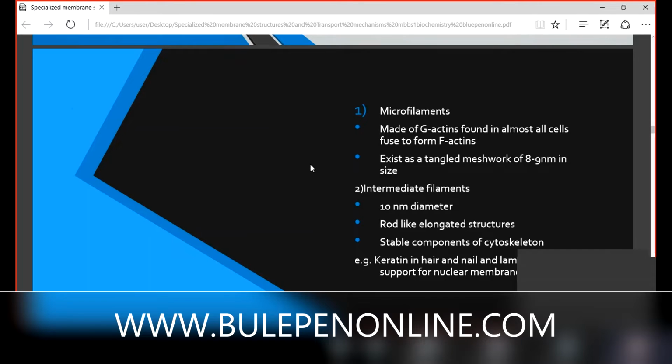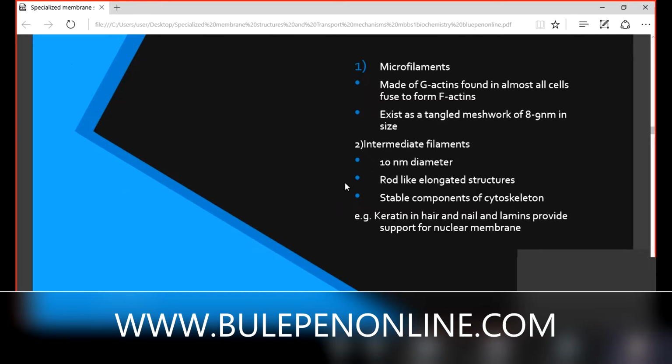So we discussed two: microfilaments, made up of G-actin fused to form F-actin as a tangled meshwork of 8 to 9 nanometer, and intermediate filaments, 10 nanometer rod-like structures. For example, keratin.